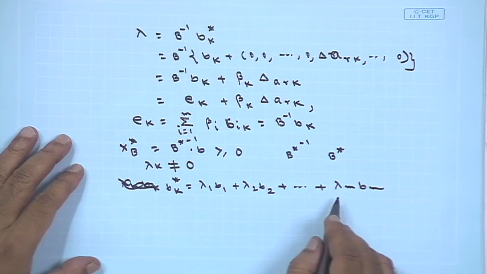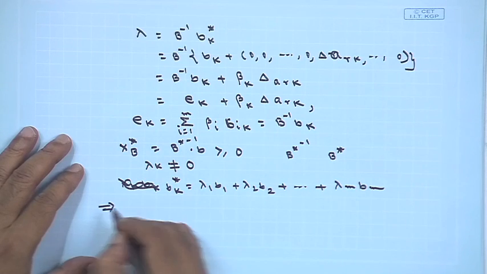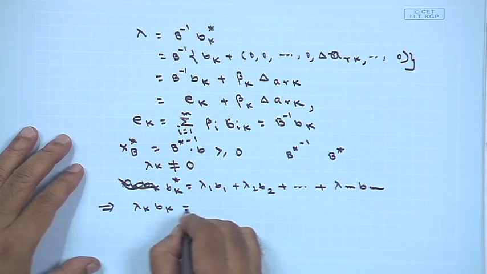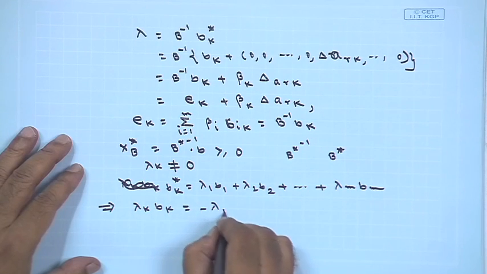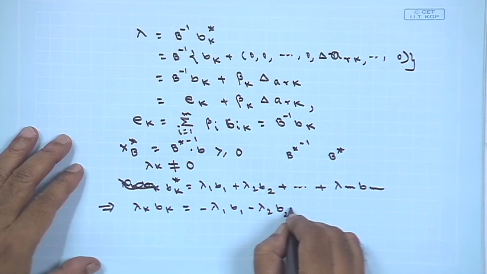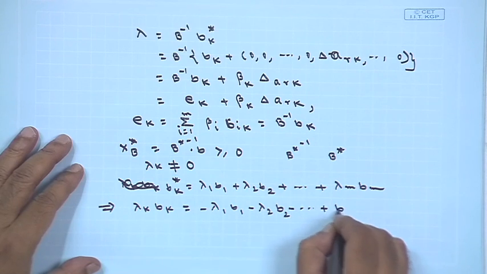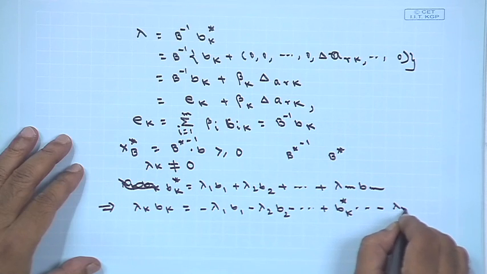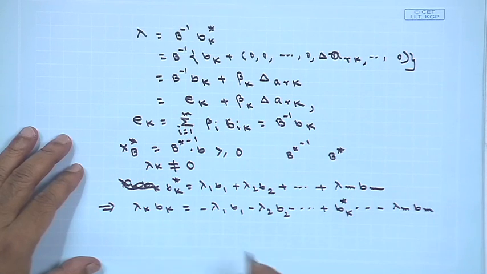So, once I am writing this, this implies lambda k b k is nothing but minus lambda 1 b 1 minus lambda 2 b 2, going on like this, plus b k star, and the last one will be minus lambda m into b m.